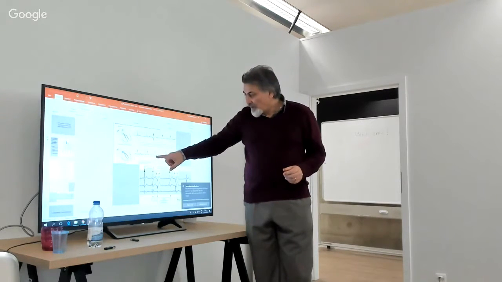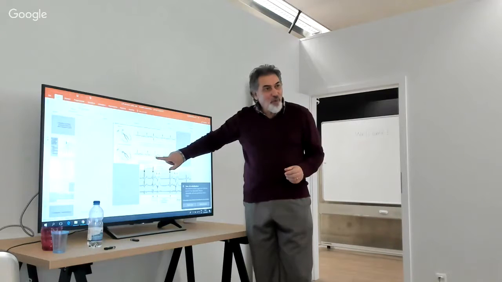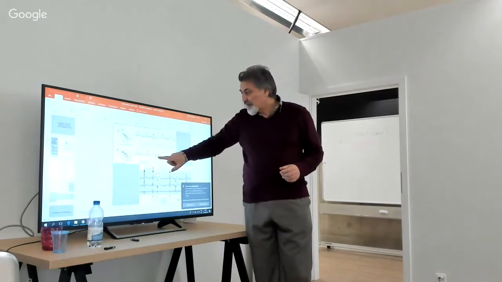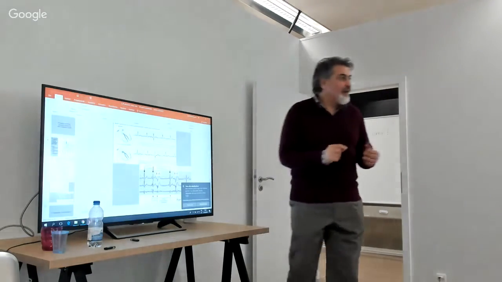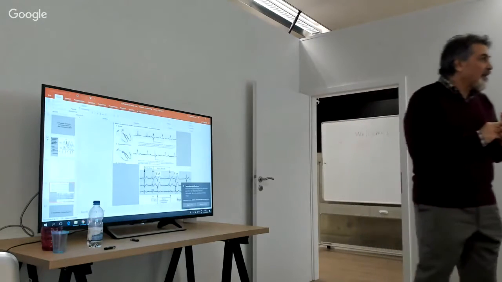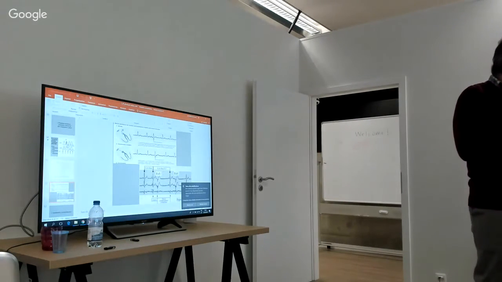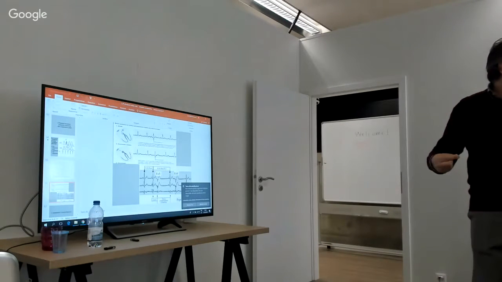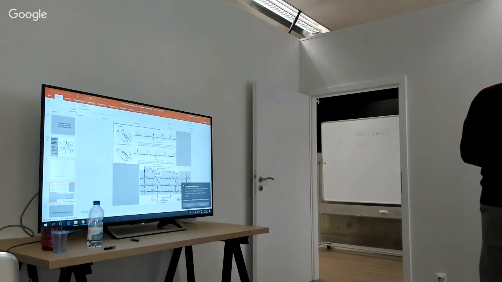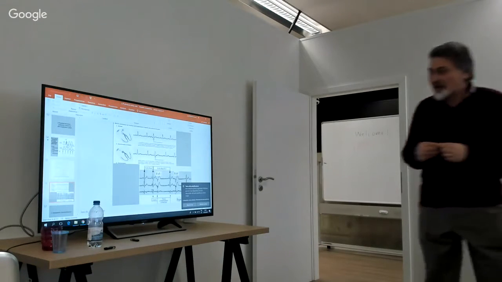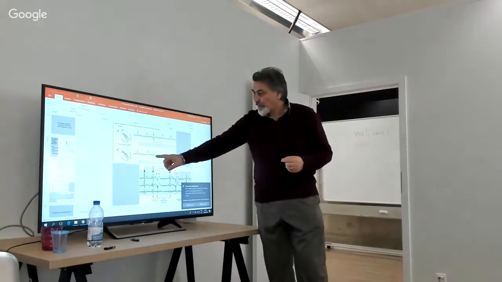You see the small P here, because this starts in, let's say, the bundle of His, and the stimulus goes down to the ventricular activity and up to the atrial activity together, and they fuse.